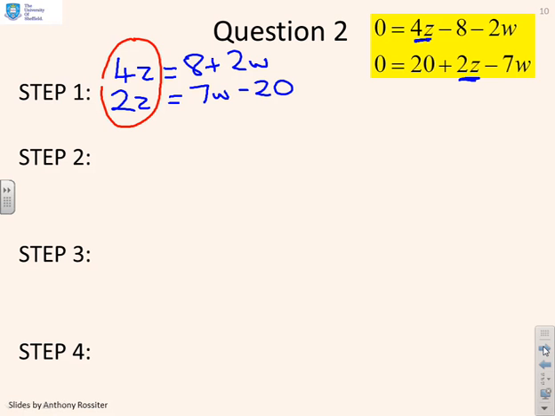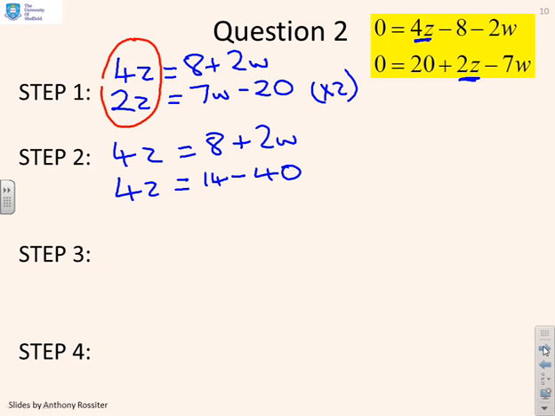Next, make those coefficients the same size. So I'm going to multiply this one by 2. So I get 4z equals 8 plus 2w, and 4z equals 14w minus 40. So now you can see I've got what I wanted. The coefficients here are the same, the left hand sides look the same. So now I can equate the right hand sides.